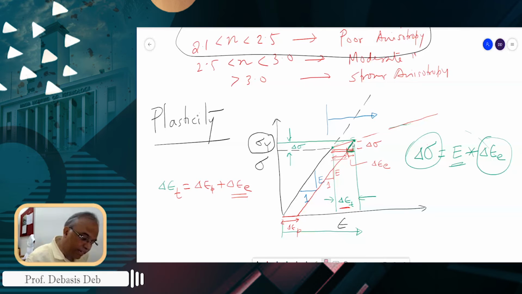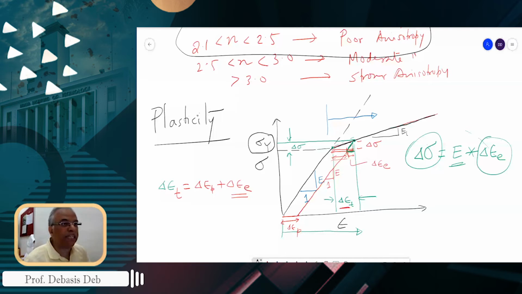Okay. Now, if for some reason this is a straight line, let's assume, or even since I have made a delta thing, so within this, if I consider this also has a modulus and we call it ET.